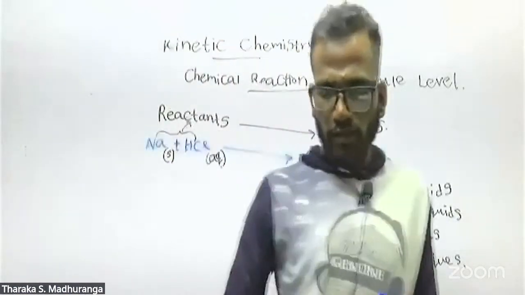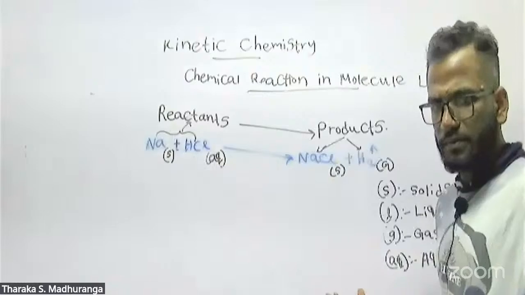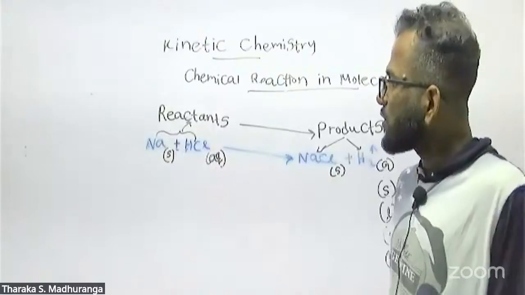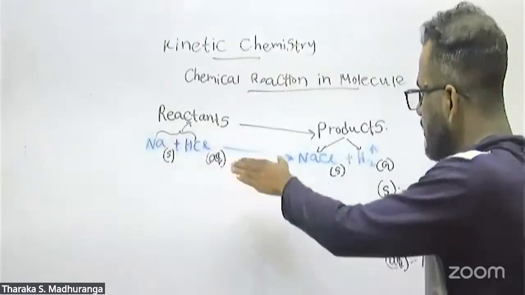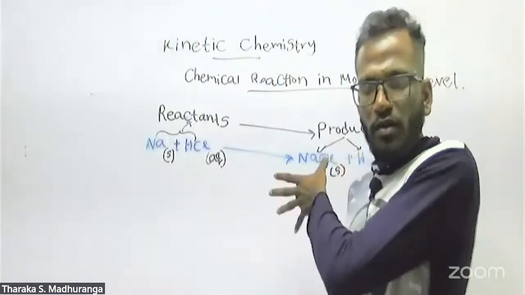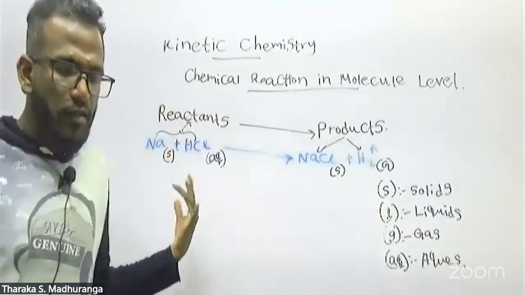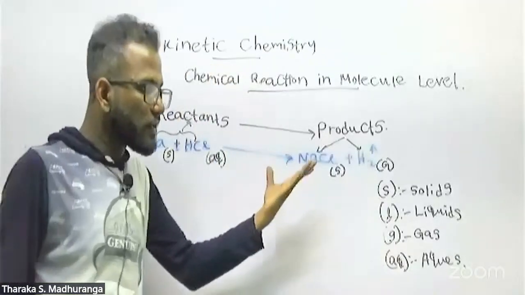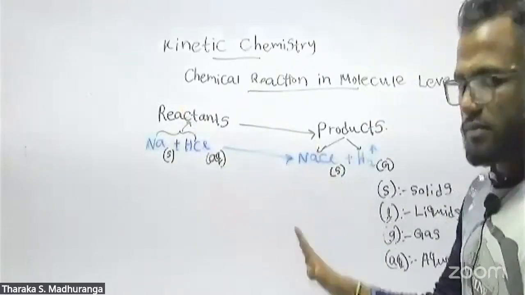Now think about the characteristics of reactants and products. What can you say? The characteristics of sodium and HCl are totally changed when converting to sodium chloride. After chemical conversion, the produced products are totally different.